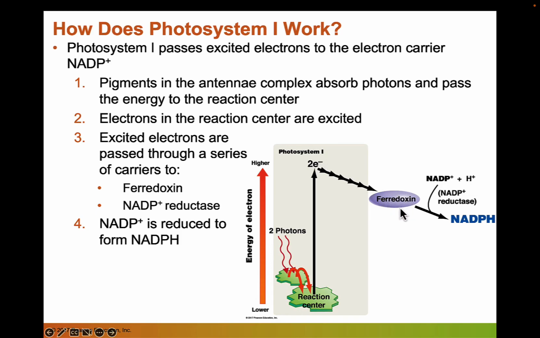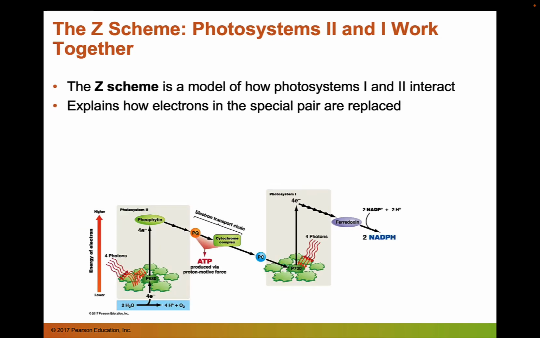They're eventually passed to ferredoxin, and then to the NADP plus reductase. And what that does is it reduces NADP plus into NADPH. So now we've made NADPH. Okay, so we've generated ATP and NADPH. So that's going to be our chemical energy we're going to use to make sugar. That's why the light reaction is important.